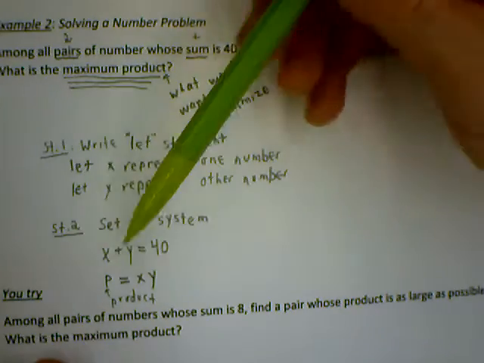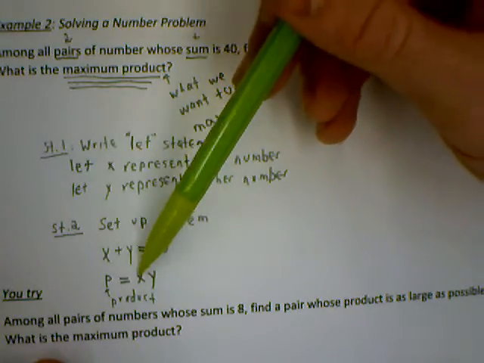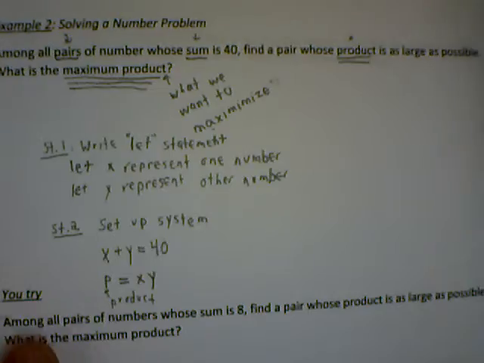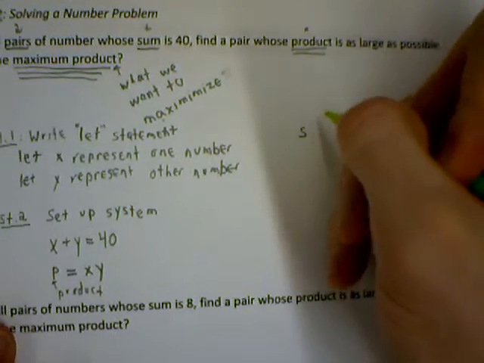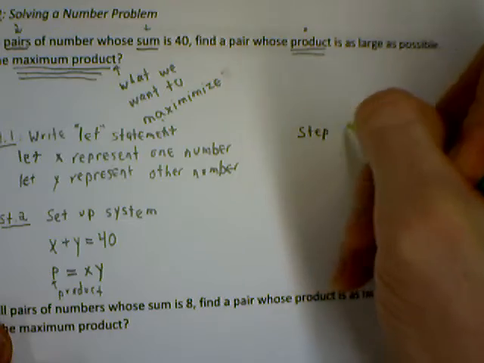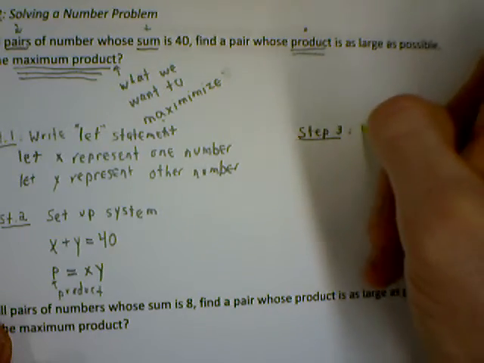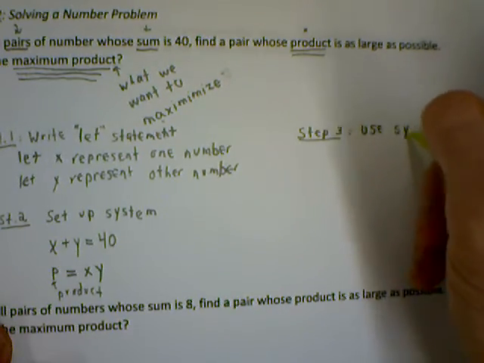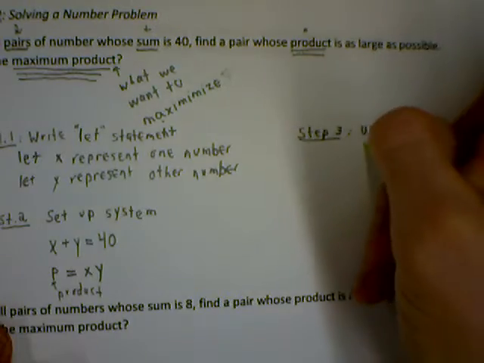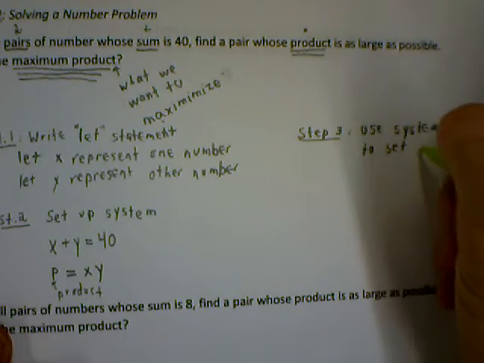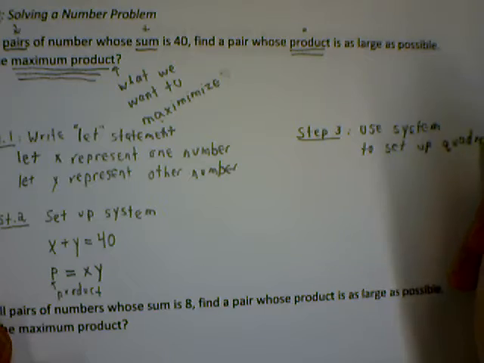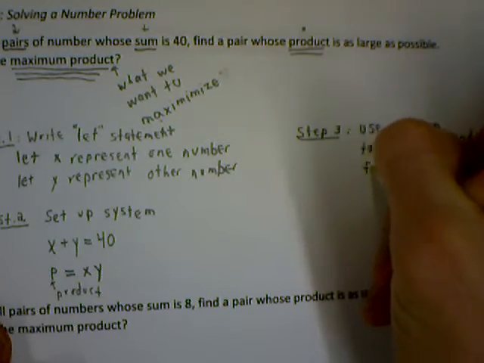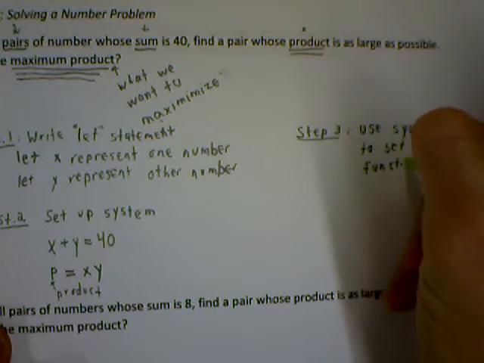I noticed that I have both x and y here and x and y here. So we're going to use the system for step 3, to write a quadratic function.